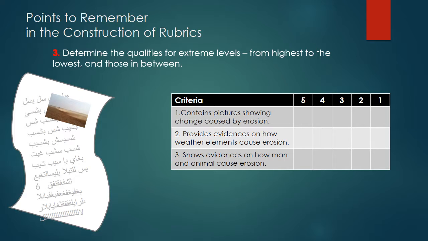After that, you have to determine those in between. The grid next to the highest grid may contain a standard nearer to it, like satisfactory. It's nearer to very or extremely satisfactory, right? While the grid closest to the lowest grid may contain one slightly better than it.